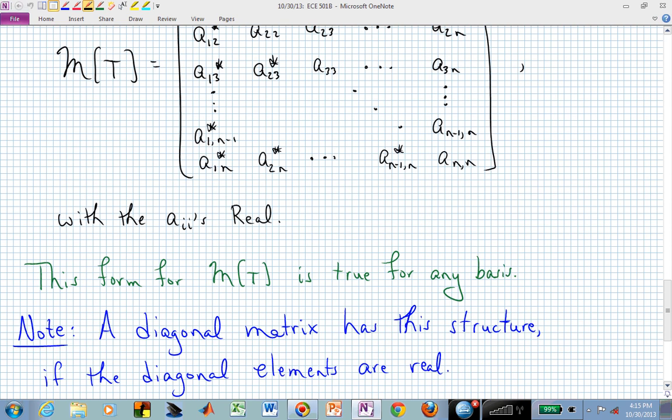If you have a diagonal matrix with all real numbers on the diagonal, that's a self-adjoint matrix. It doesn't have to be diagonal, but that makes for an easy, cleaner thing to deal with. That would be a self-adjoint matrix.